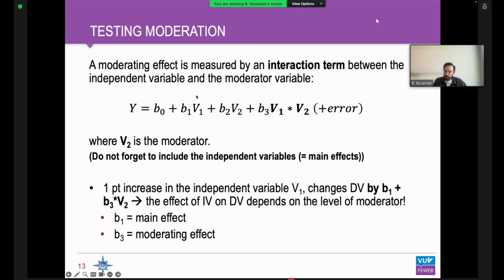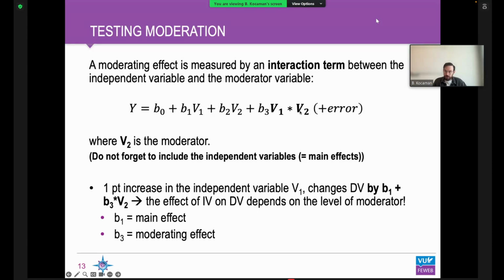How we can interpret this: if you look at the effect of the independent variable, a 1 point increase in the independent variable V1 changes the dependent variable by B1 plus B3 times V2, right? Because if I increase V1 by 1, I'm not only affecting this coefficient, but I see also V1 here. So beta 3 also has an effect, but this also depends on the level of V2.